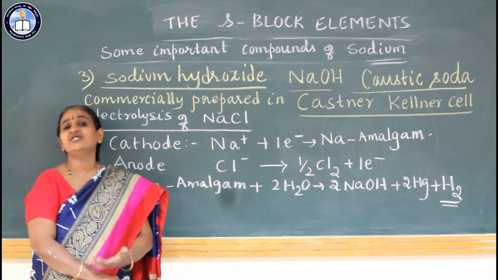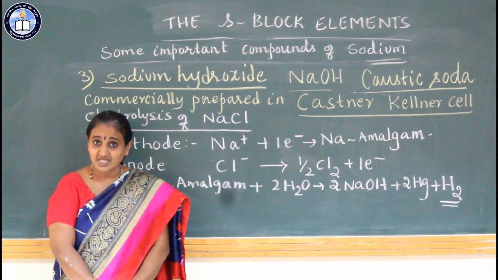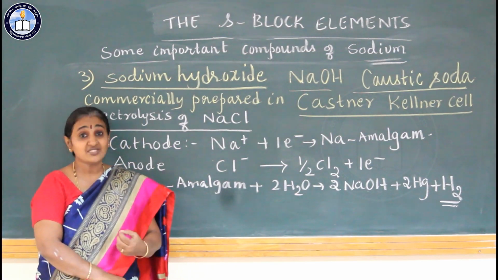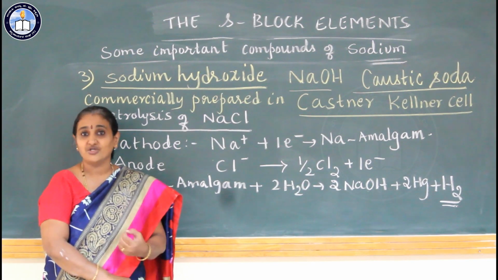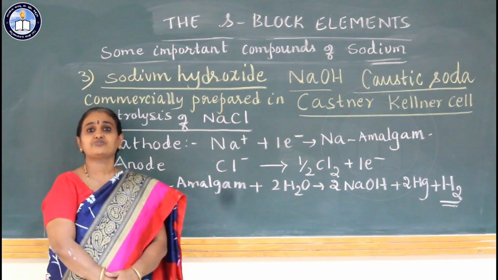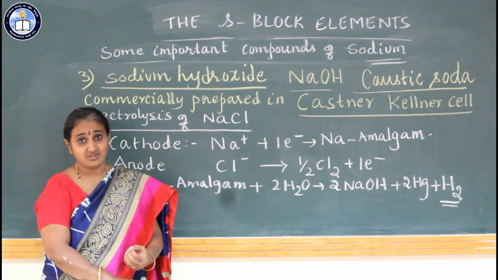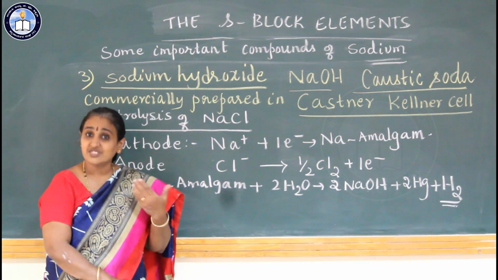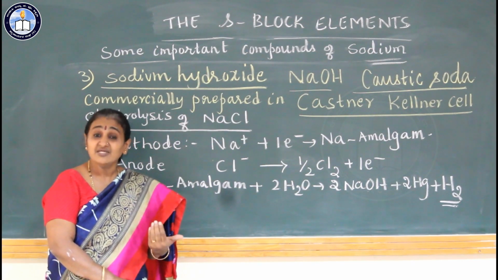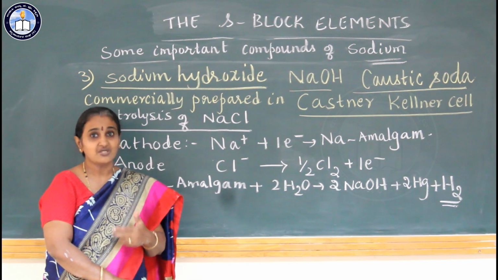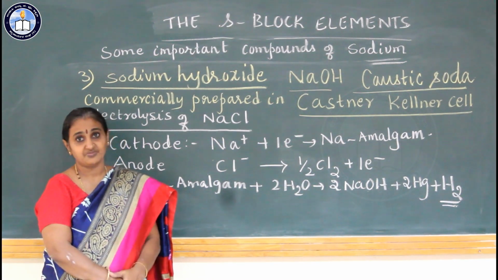What are the properties of this caustic soda or sodium hydroxide? It is a white translucent solid. It is readily soluble in water, and on exposure to air, the carbon dioxide in the air reacts with sodium hydroxide solution and forms sodium carbonate.